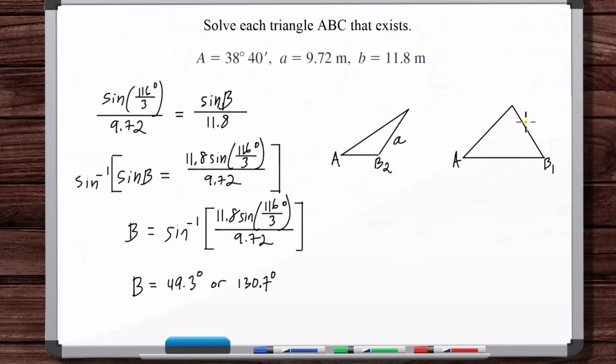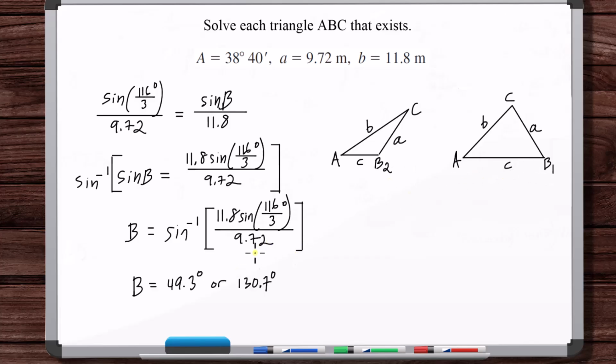So A, this is still just B, and then C. Everything's going to be the same except these two different angles.